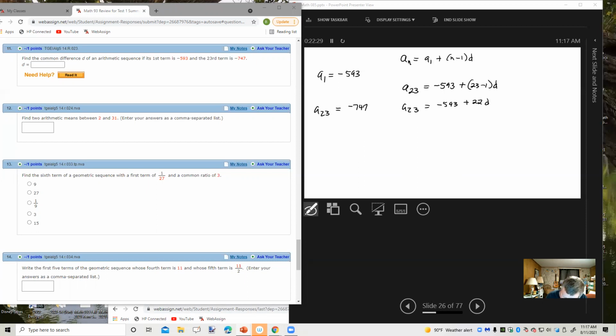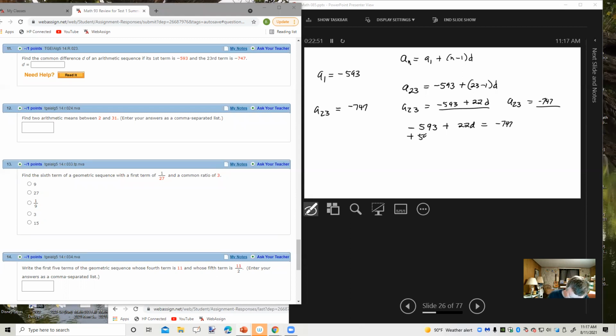But we also know that a sub 23 is negative 747, so this equals that because they're both a sub 23. That gives us our equation: negative 593 plus 22d equals negative 747.